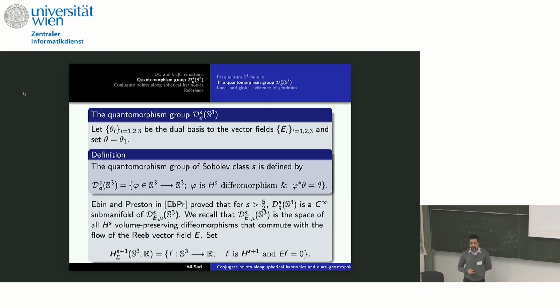Question. In your definition of the quantomorphism group, I think theta is a one form on SU2. So are you implicitly factoring the map from S3 to SU2? Just from S3 to S3, I mean, which preserves the one form. Yes, and theta is a one form on S3.